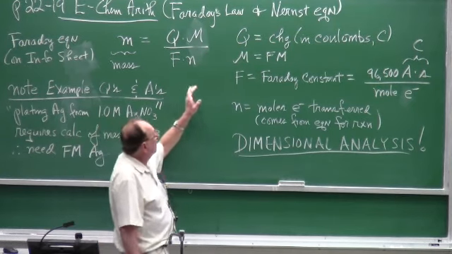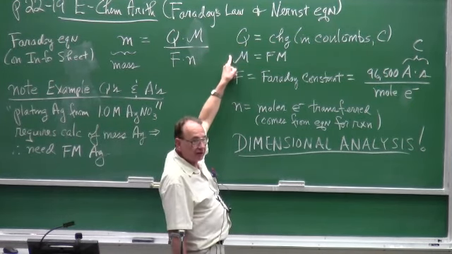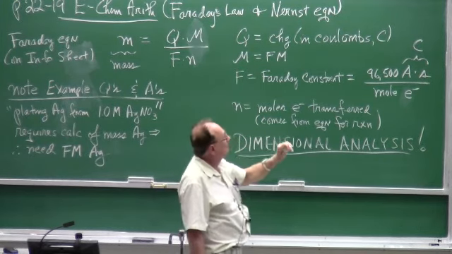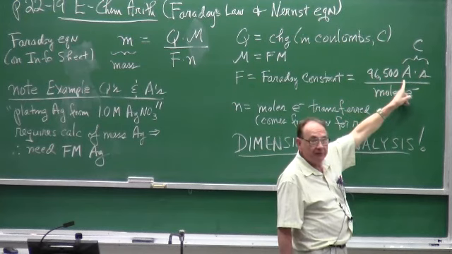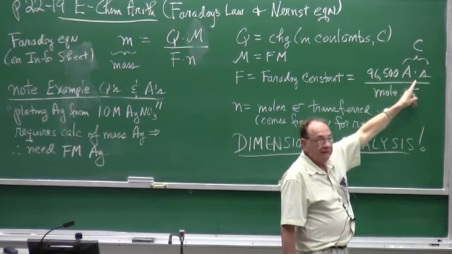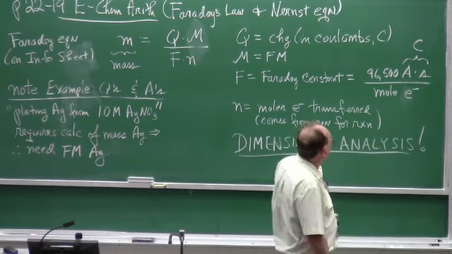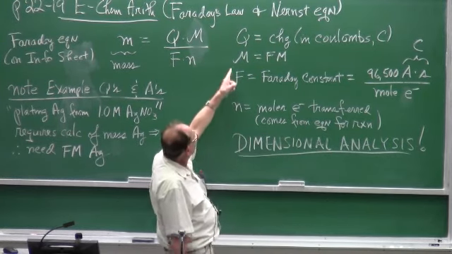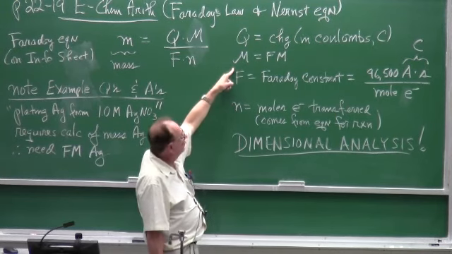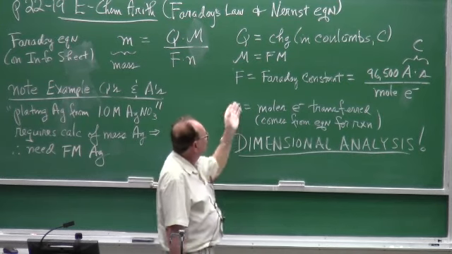In Faraday's law, Q represents charge. Electric charge has the unit coulombs, and the unit coulombs is a combination of the units amperes for current and seconds for duration of time for which the current has been passed. Fancy squiggle M is formula mass, grams per mole for the material in question.